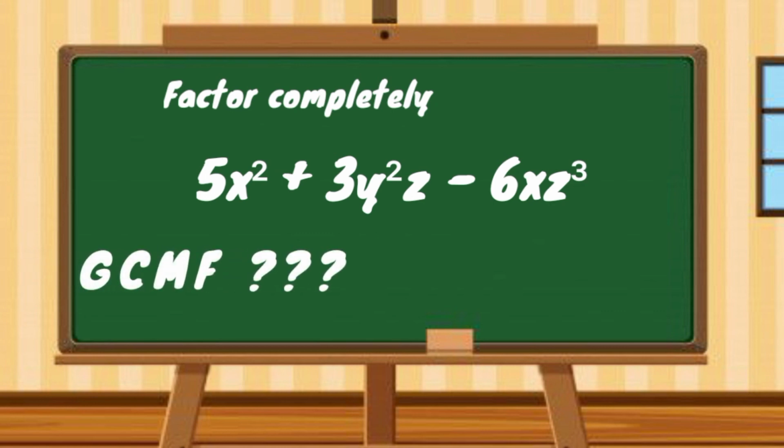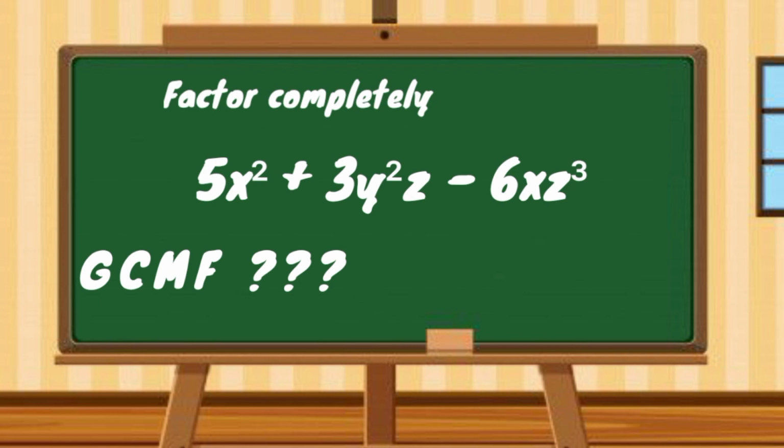What did you get? Do you have a greatest common monomial factor? Correct. We don't have a greatest common monomial factor in this kind of example.